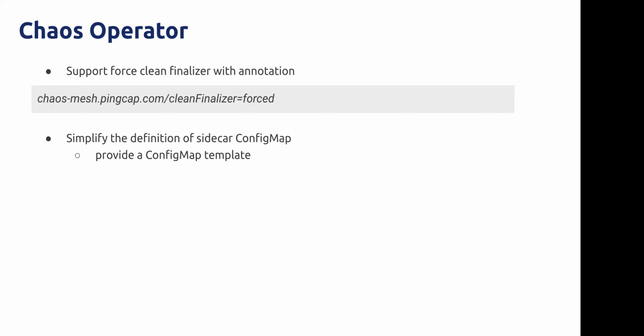The other update is about the sidecar config map. As you know, you need to use a config map to define a sidecar when we use the RCals. In the past, the config map was very complicated, because it defined many details about the sidecar itself, which the users don't need to care about.